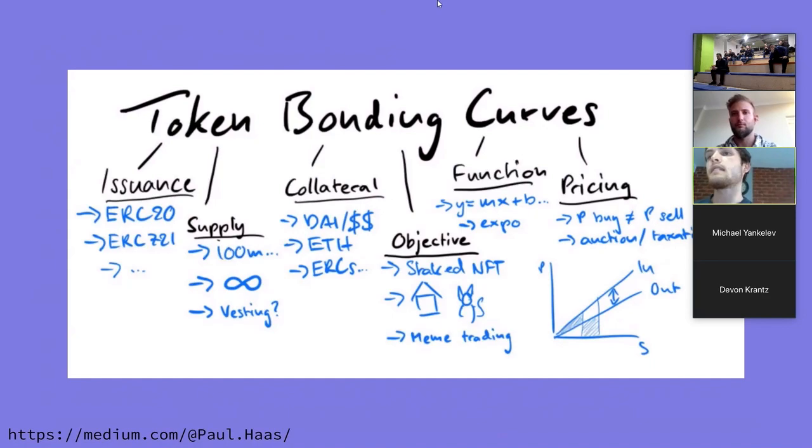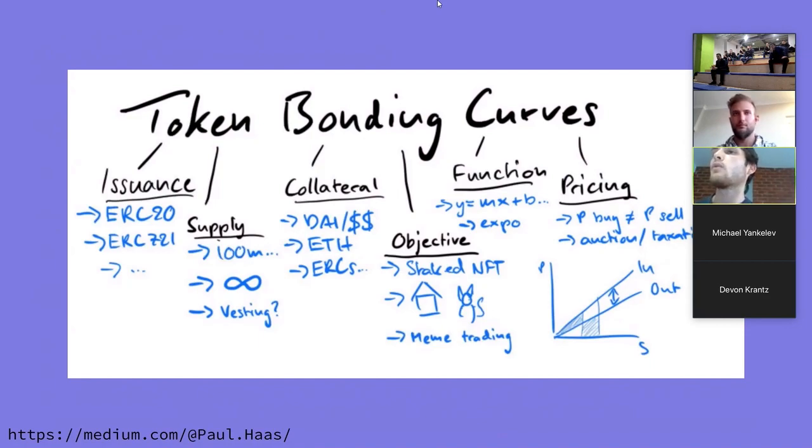Vesting, it's the same as in traditional economics, where you could say when people buy 10 tokens, they will have to wait a certain time period before they're allowed to extract those tokens back out of the market. And there are various reasons, if you look at later in the examples, for why you would choose to have, say, an infinite supply versus a capped supply of 100 million tokens.